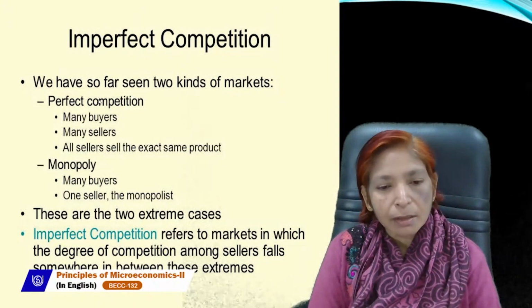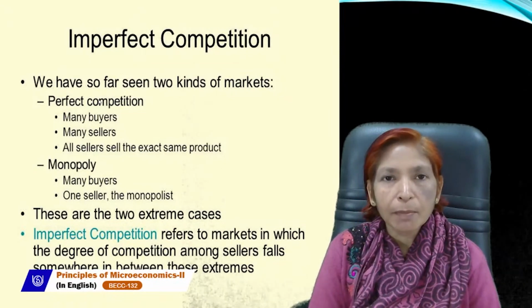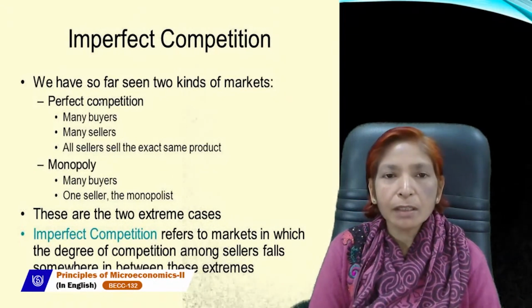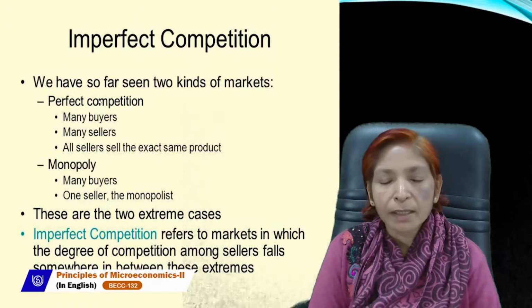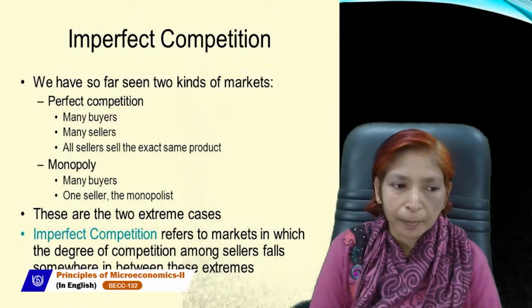Imperfect competition refers to a market in which the degree of competition among sellers falls somewhere in between two extremes, perfect competition and monopoly.